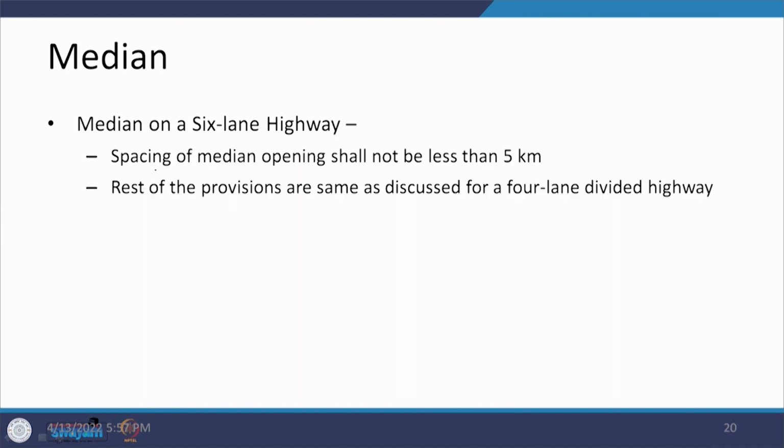Then another change is that the spacing of the openings should not be less than 5 kilometers. In the case of 4-lane it was 2 kilometers. The rest of the provisions which we have discussed in the case of the 4-lane divided system, like the 0.6 meter strip on the side towards the depressed median, or bushes or anti-glare systems, or all those things, are the same here too.